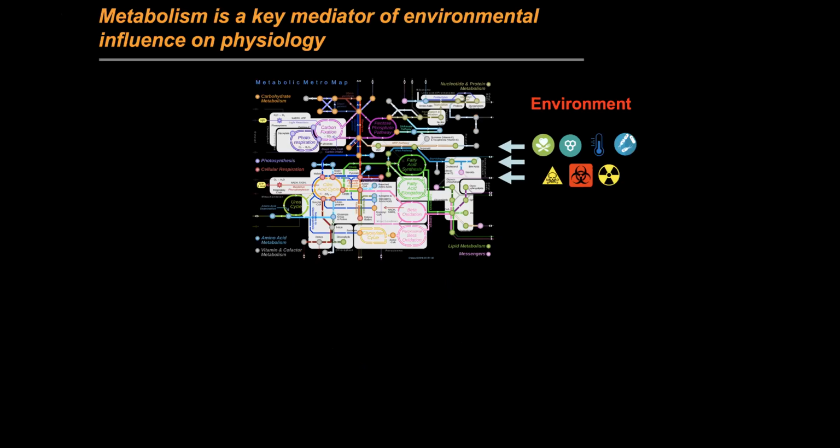So my lab is interested in metabolism, which is a set of very complicated chemical reactions that occur in all living organisms in order to maintain life. Metabolism has a number of essential functions.